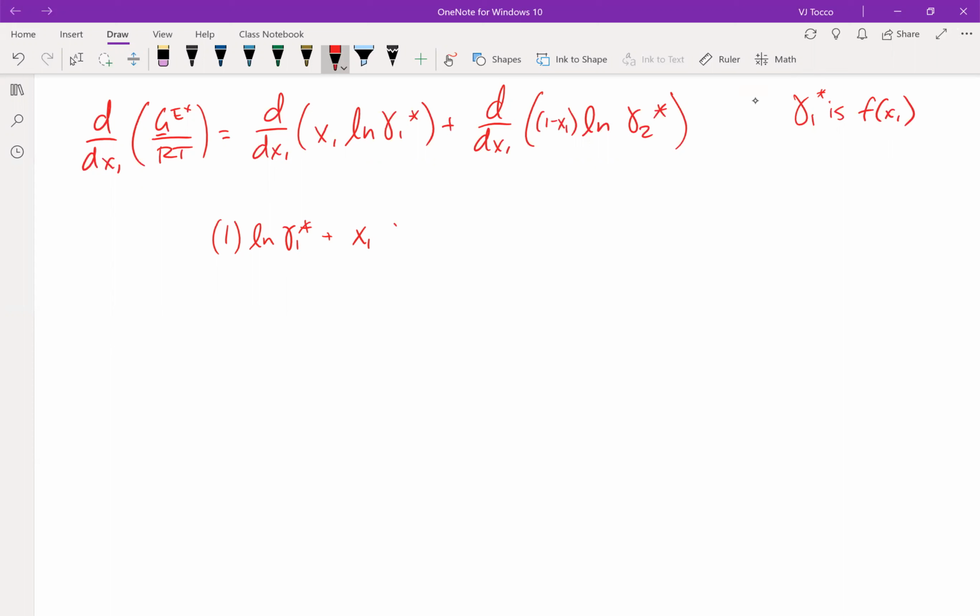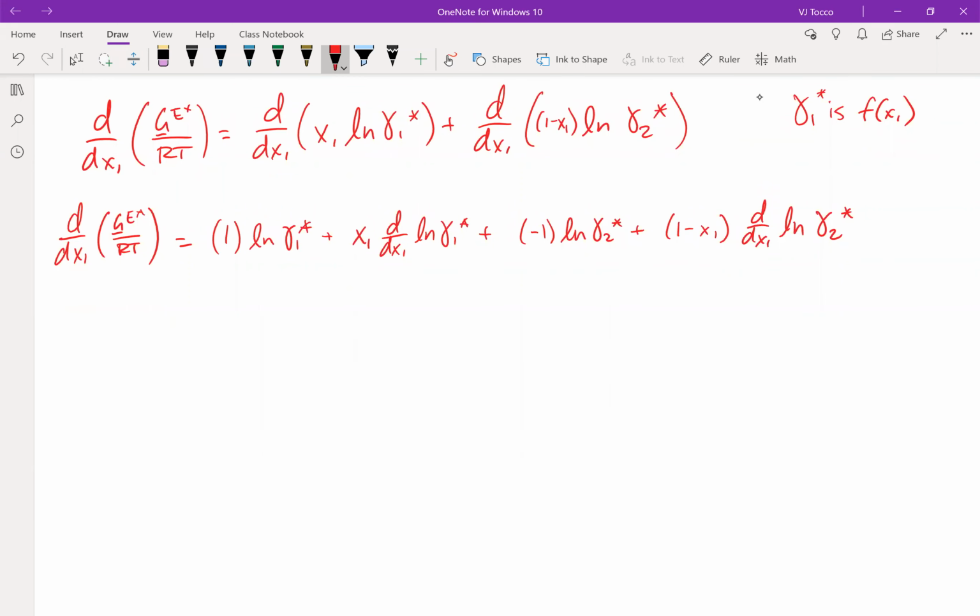But that doesn't turn out to be a huge issue. So I just write x1 d/dx1 ln of gamma 1 star. Plus, for the second term, I take the derivative of the first, so that's a minus 1 times ln of gamma 2 star, plus 1 minus x1 d/dx1 ln of gamma 2 star. And remember to keep the left-hand side in the equation.